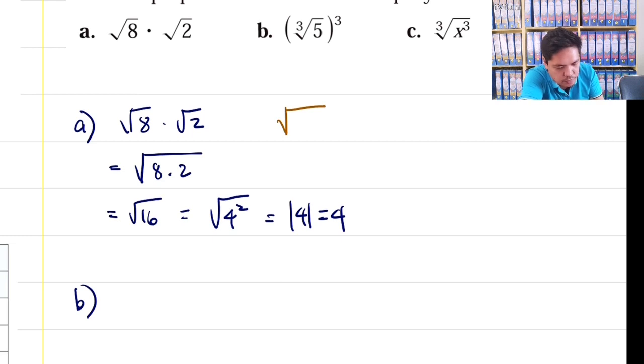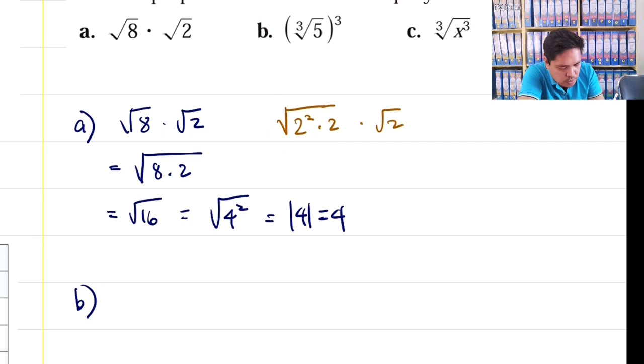Eto. Yung 8, that is 4 times 2, diba? Square root of 4 times 2. Okay? And 4 is actually 2 squared. Okay? 2 squared times 2 times square root of 2. Okay? What will happen here? Eto siya kasi we are taking the square root of 2 squared. Pwede siyang lumabas. So, what is the absolute value of the square root? The absolute value of 2 is still 2. Or the square root of 2 squared is 2.